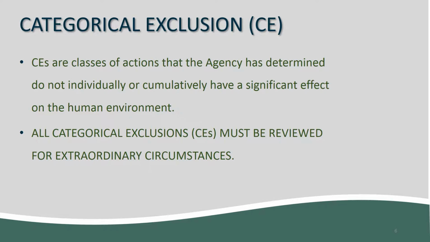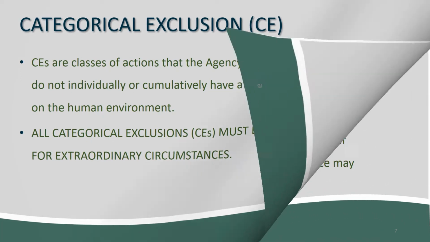These are all different types of actions that could raise up the level of review from a simple categorical exclusion to maybe a categorical exclusion with a report, or possibly even to an EA. It just depends. But we do have to look at every project.